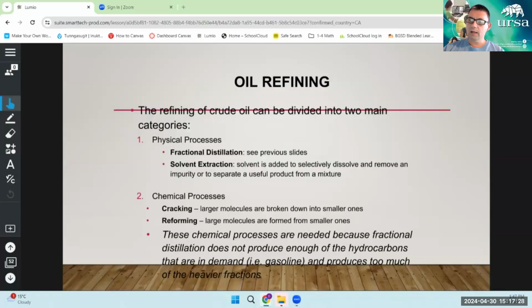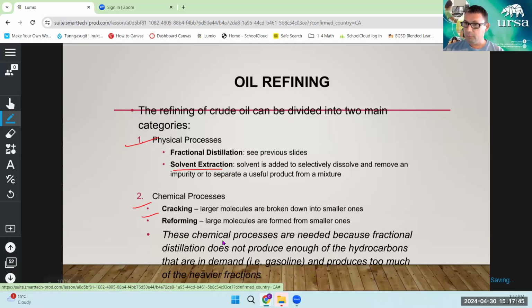So that video outlined the process by which crackers work. We've looked at, of course, how oil is refined through physical processes such as fractional distillation and even solvent extraction, but also chemical processes such as cracking and reforming.